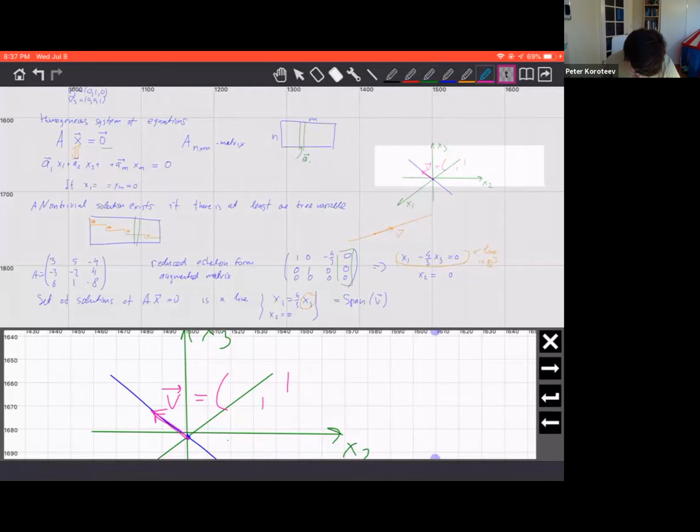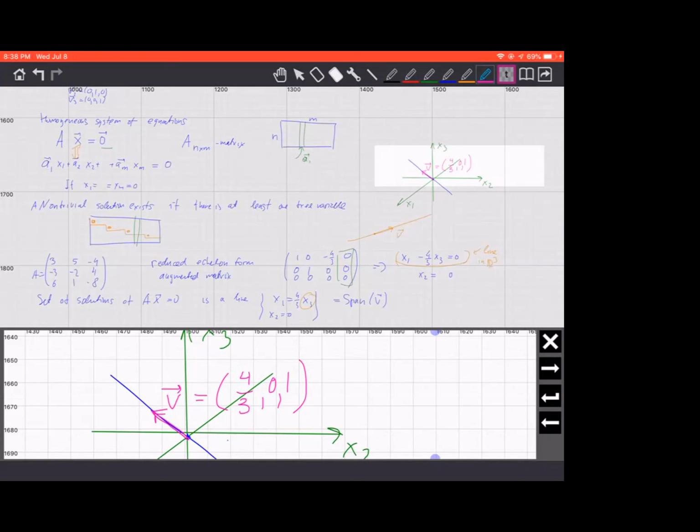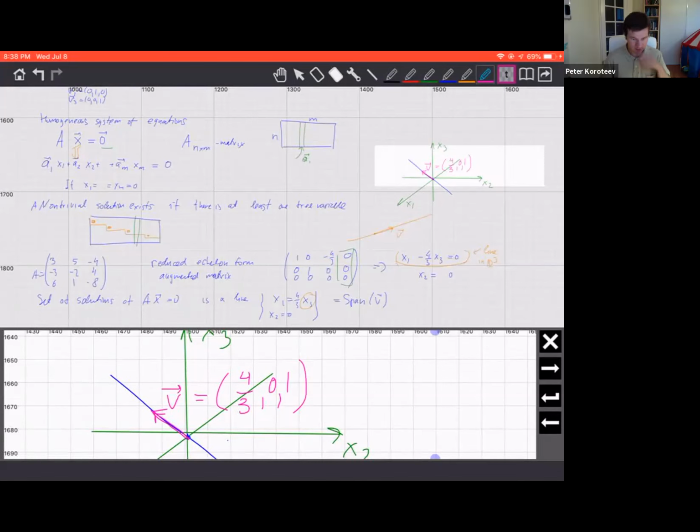It's 4/3, 0 and 1. Do you agree? Yes, I agree. Thank you. Sure. Yeah, so we can describe the space of solutions very precisely in this case.